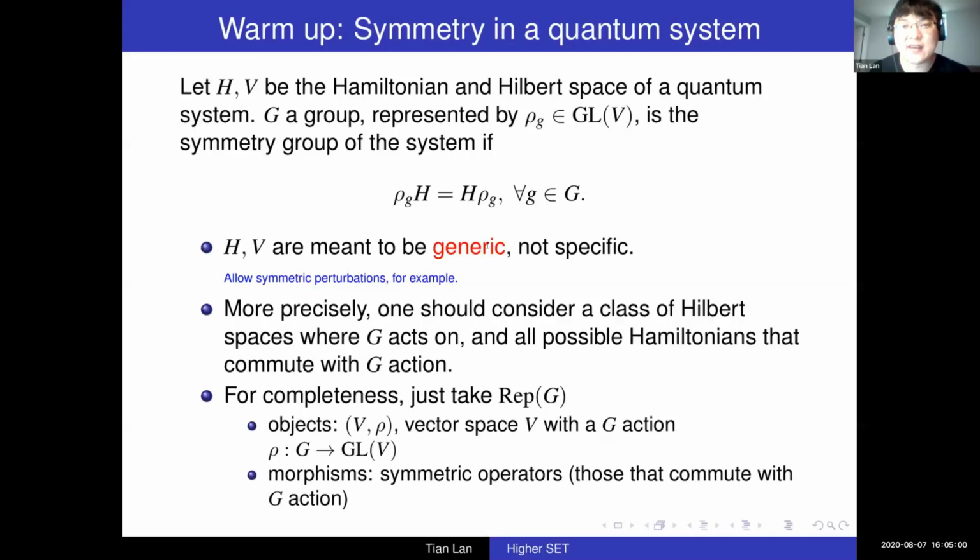So basically, if there is no symmetry, we just work in the category of vector spaces. That's where quantum mechanics lives. And if there is symmetry, we upgrade the category we are working in from vector spaces to group representations.